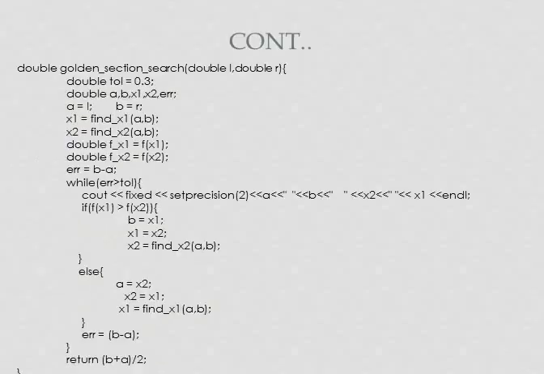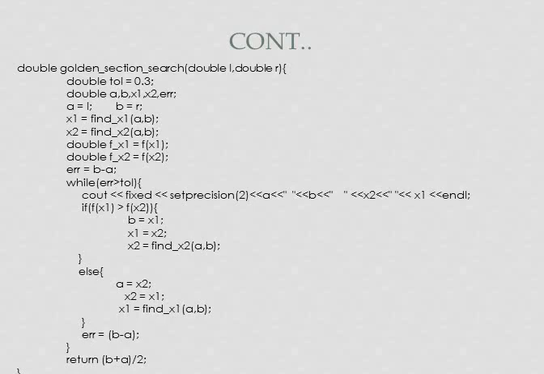Initially we compute the intermediate points x1 and x2 using the find x1 and find x2 functions. We will find the function values as well. First we set the tolerance as 0.3, and we do the repetitive process using a while loop.